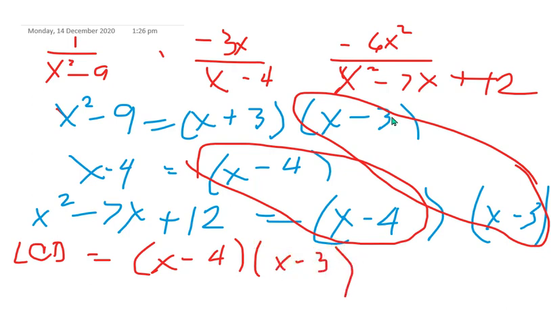And we have another, which is x plus 3. You just multiply them. And this is your LCD. X minus 4 times x minus 3 times x plus 3.